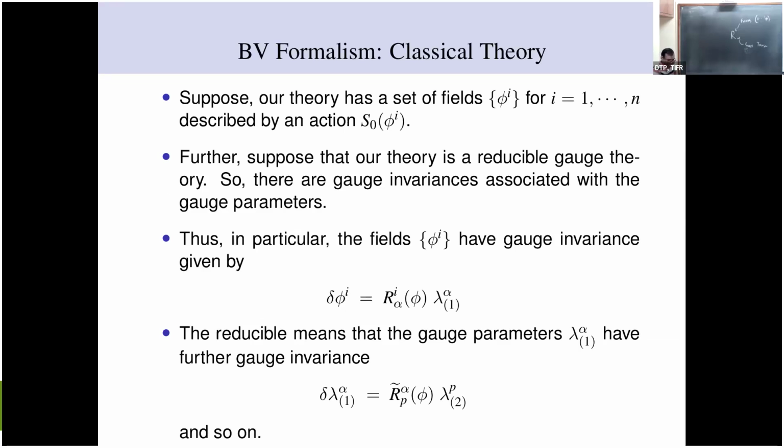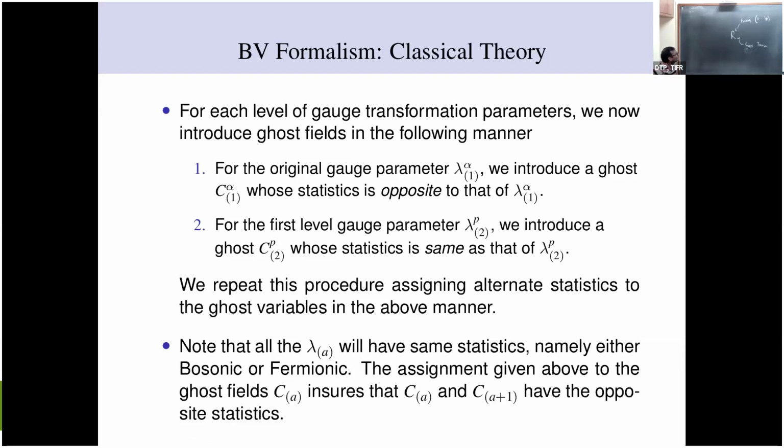This is the 0th level of gauge transformation, and reducible means this lambda^alpha_1 will have further gauge invariance, say R tilde, with parameter lambda_2. So this lambda_2 is the first level of gauge invariance, not 0th, and so on.